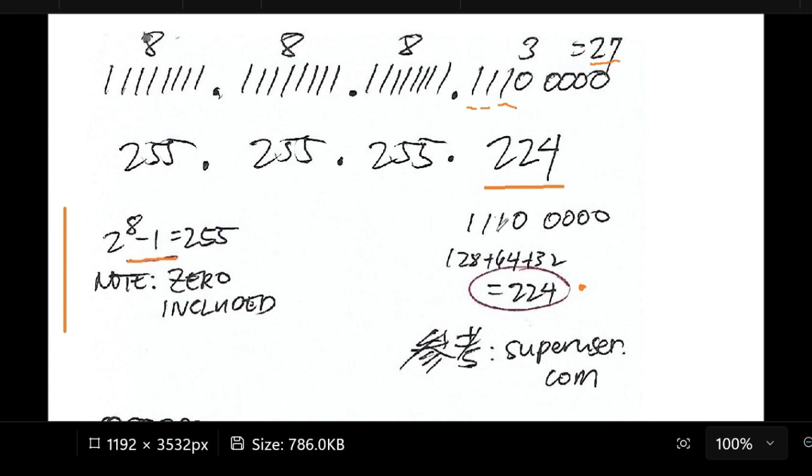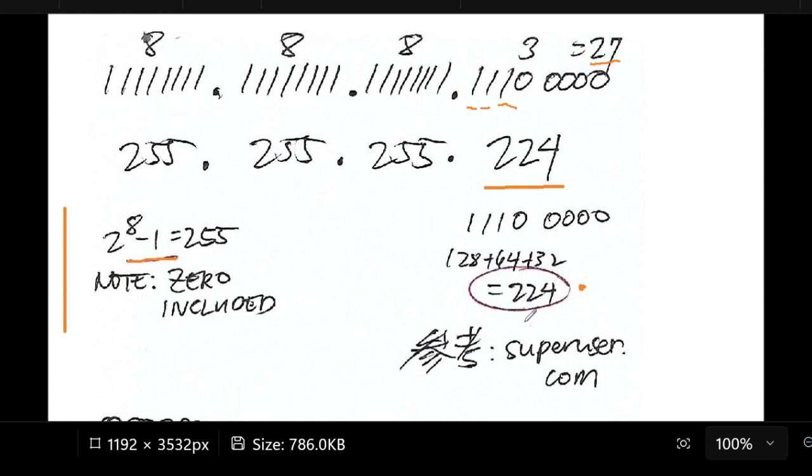It's because if we do the 2 to the 1, 2 to the second, 2 to the third, 2 to the fourth, 2 to the fifth, 2 to the sixth, 2 to the seventh, and 2 to the eighth, and all the binary numbers that have as its value 1, then we can add them as so, because this is the sixth. 2 to the sixth is 32, and then 2 to the seventh is 64, and 2 to the eighth is 128.